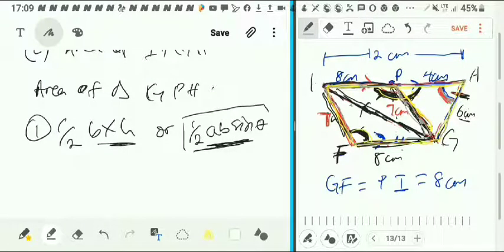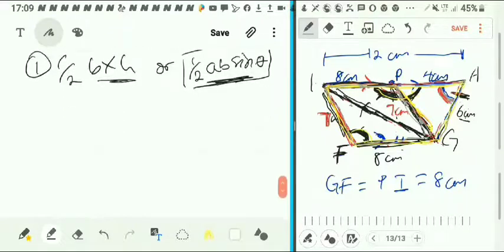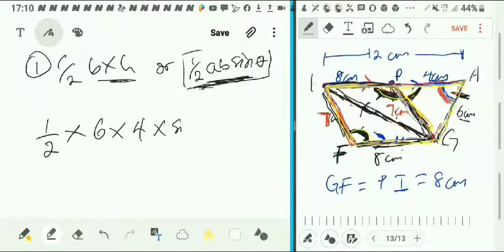You will see that the formula for the segment of a circle follows this second formula. So we're going to be using half ab sine theta: half times 6 times 4 times sine of what's the theta that is in between?